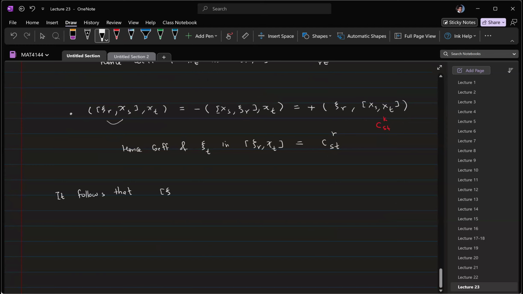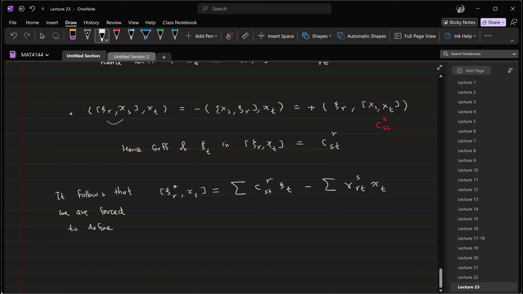Or rather, maybe I should say it follows that we should define, I mean, we are forced to define, by invariance, the bracket of cr and xs as the sum over t of c s t r times xcr xt, minus the sum of gamma r t s times xt.